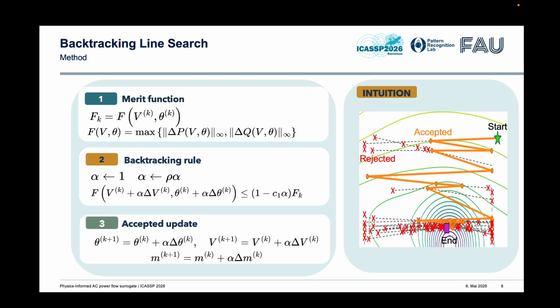But when you change the local parameters, through the power flow equation, every variable is coupled, right? So when you make a local change, it will affect other delta P, delta Qs, right? So that's taken into account in the merit function, right?